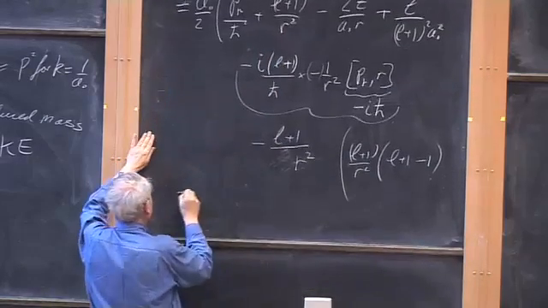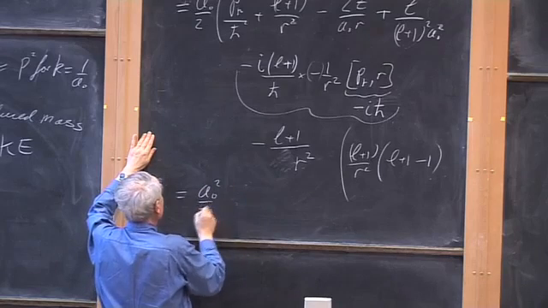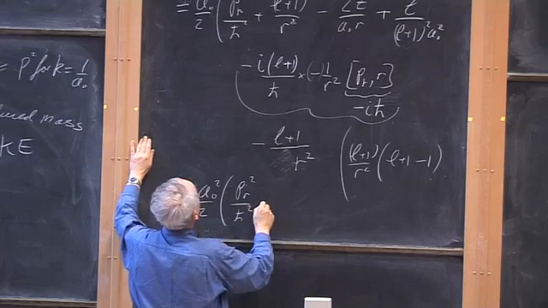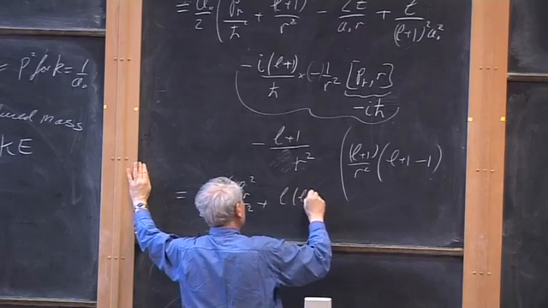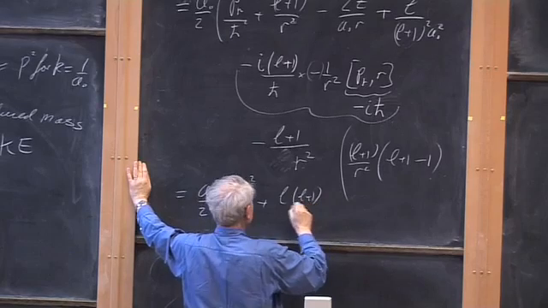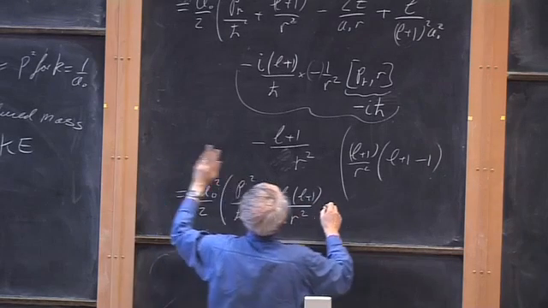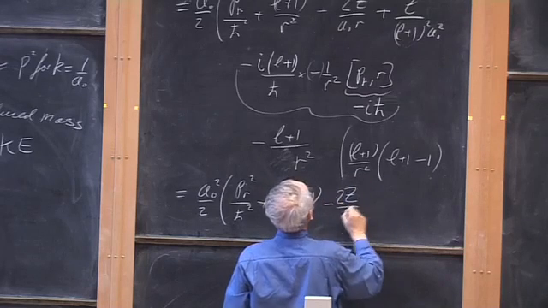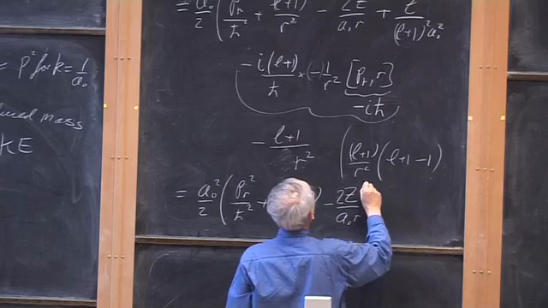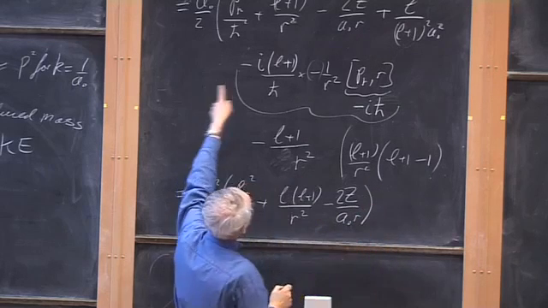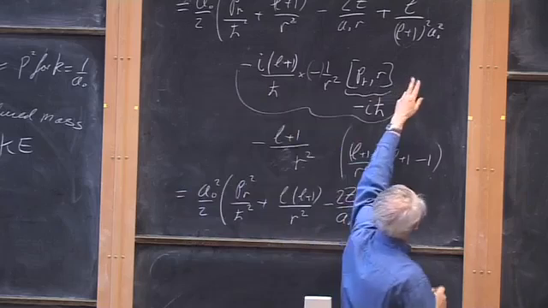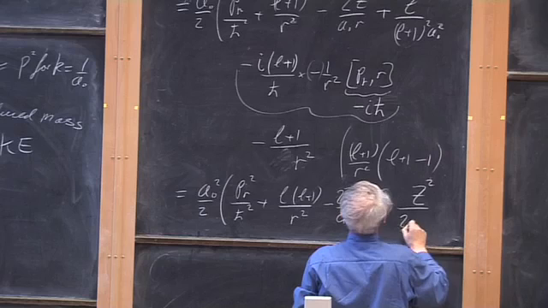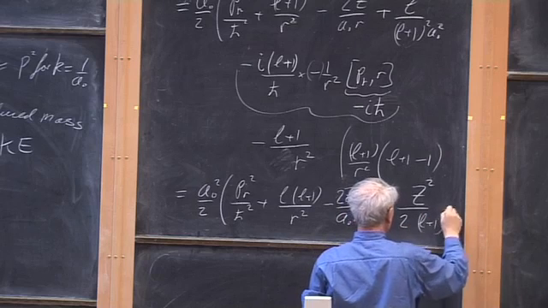So this is going to be a naught squared over 2, P_R squared over h bar squared plus L plus 1 over R squared minus 2Z over a naught R, close brackets, and then I'm going to take this and join it on that, so we get plus garbage, and the garbage term is Z squared over 2 L plus 1 squared.